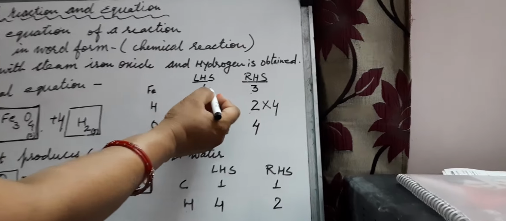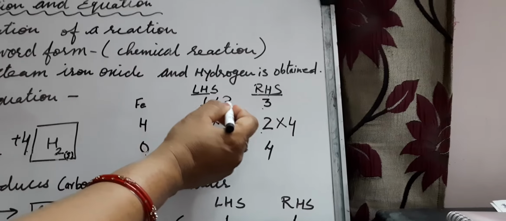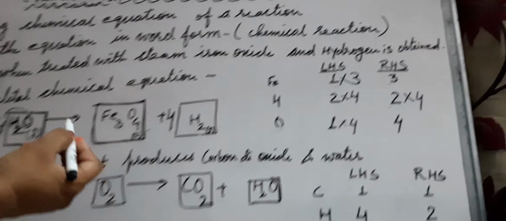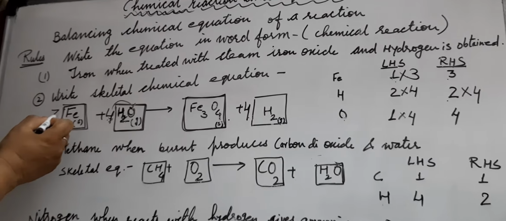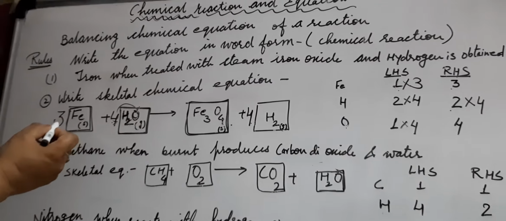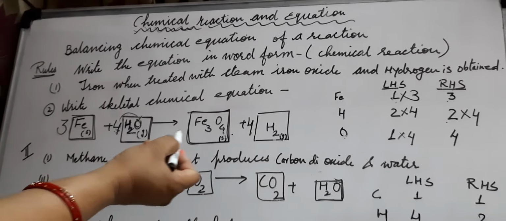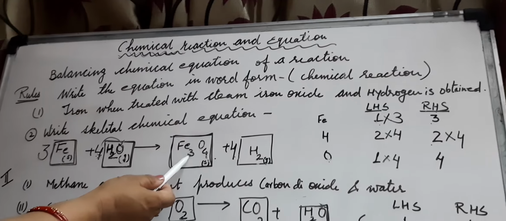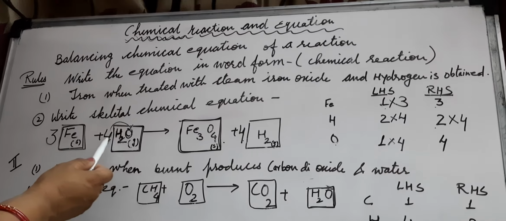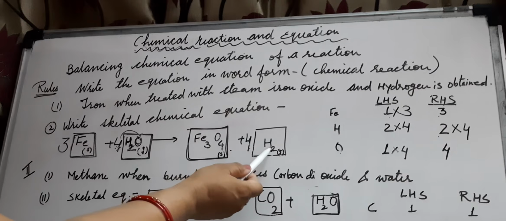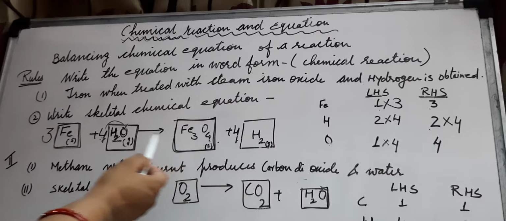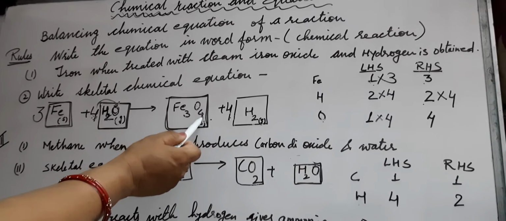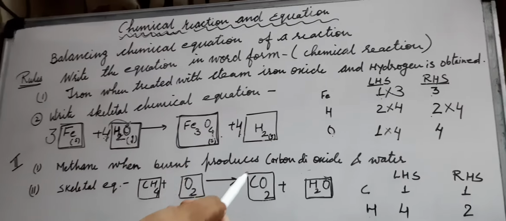I am making it 3 on the LHS also by multiplying by 3, so I am writing 3 in front of iron. Now you will observe the reaction is balanced. Iron: 3 on the LHS, 3 on the RHS. Hydrogen: 4 2s are 8 on the LHS, 4 2s are 8 on the RHS. Oxygen: 4 on the LHS and 4 on the RHS. So this reaction is balanced.